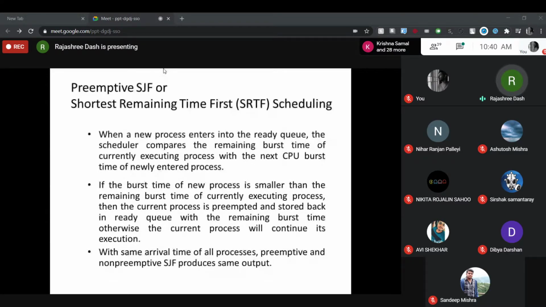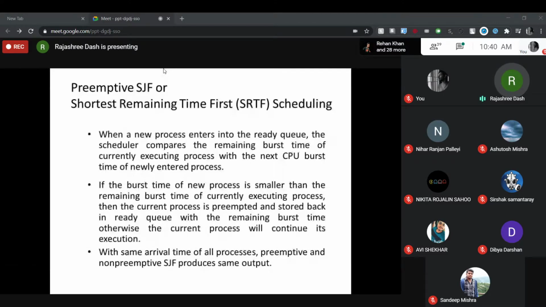Let me tell you once again before solving the problem. In preemptive SJF, or SRTF, when a new process enters into the ready queue, the scheduler compares the remaining burst time of the currently executing process with the next CPU burst time of the newly entered process.